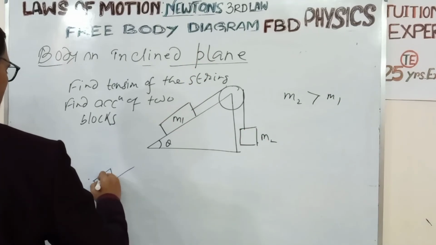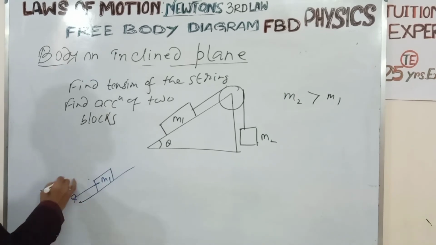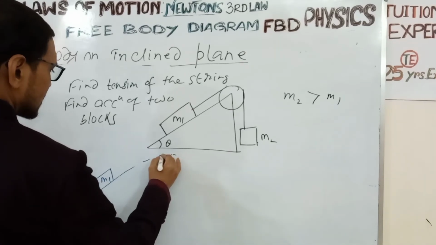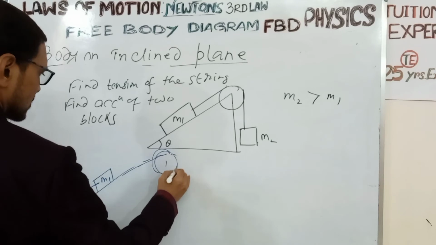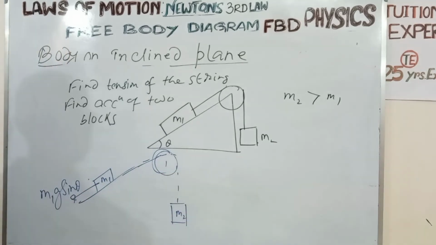If we draw m1, we know m1g sin theta acts in this direction, and this is m2. Okay, just draw the free body diagram.